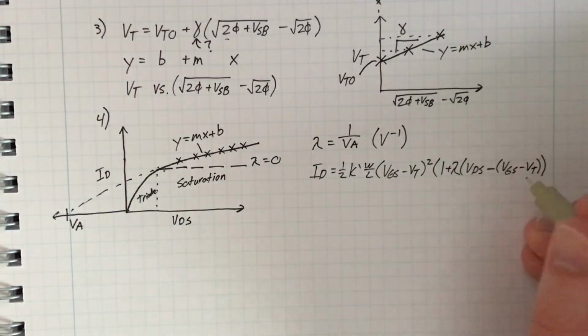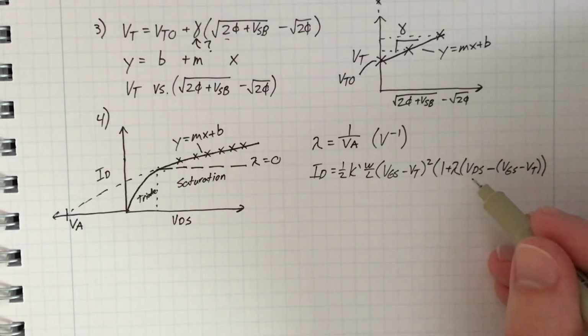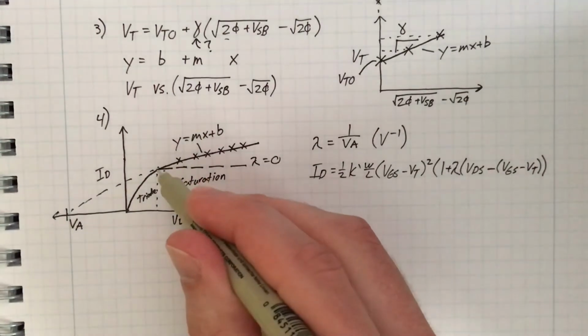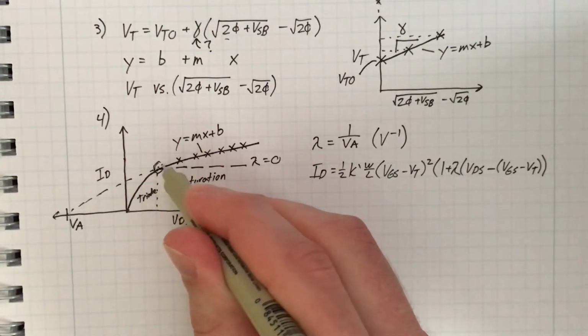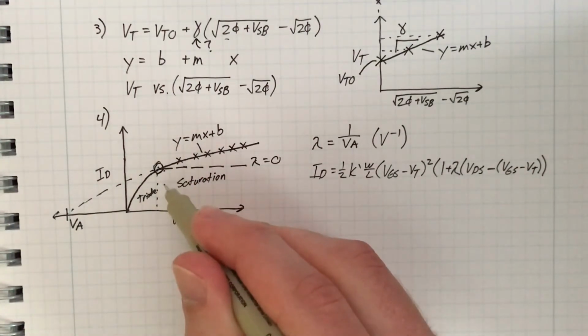Depending on which text you look at, sometimes they leave off this part here, or they modify it slightly. But this is the way that I learned it, and I think it avoids continuity issues at the crossover between triode and saturation.